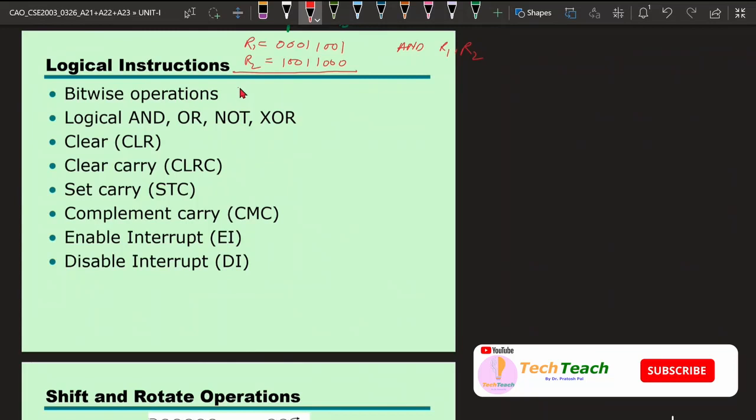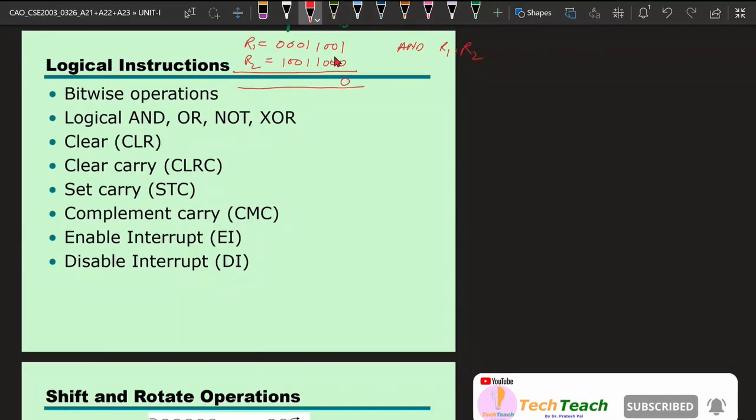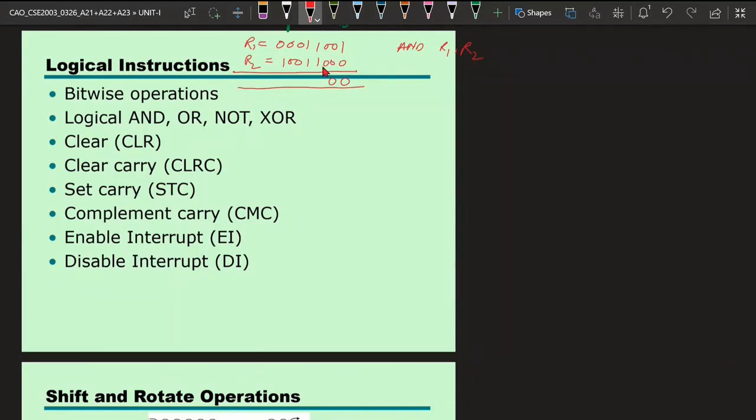So 1 and 0 will be 0, 0 and 0 will be 0, 0 and 0 will be 0, 1 and 1 will be 1, 1 and 1 will be 1, 0 and 0 will be 0, 0 and 0 will be 0, and 1 and 0 will be 0. So after doing the AND operation we get the result this way, and with respect to this instruction, the result will be stored in R1.